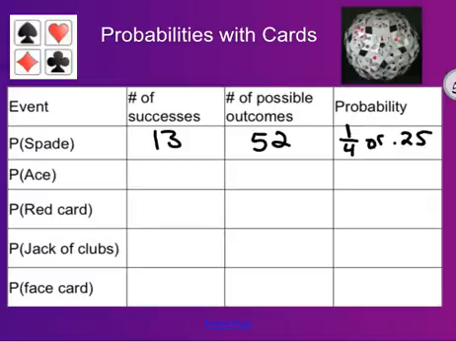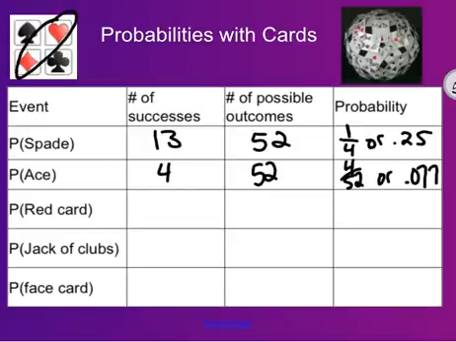An ace: there are 4 out of 52, and notice they're all out of the total number of cards, so that's 1/13, or 0.077. A red card: remember, there are hearts and diamonds, so that's 2 suits of 13, or 26 out of 52. That reduces to a half, or 0.5.